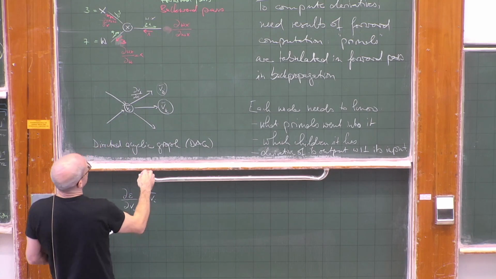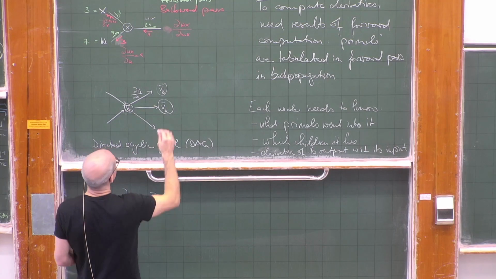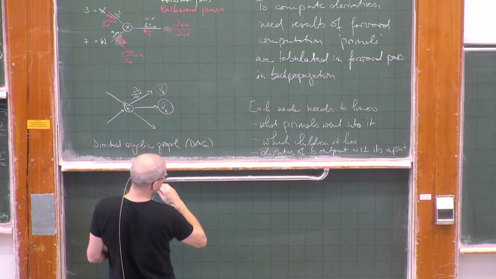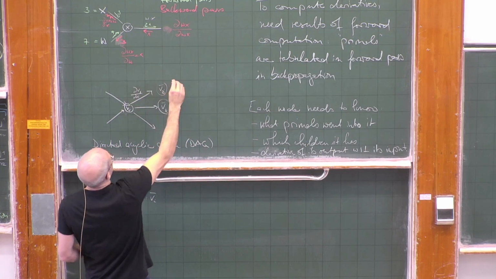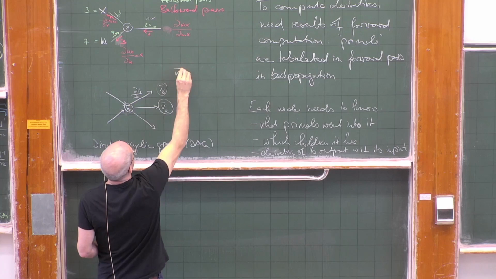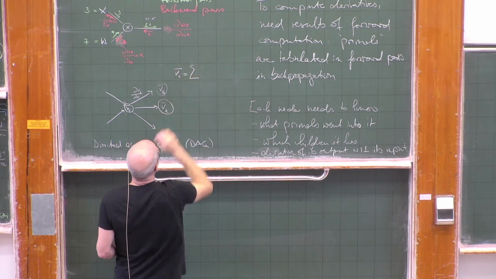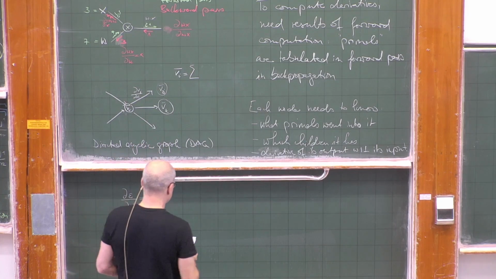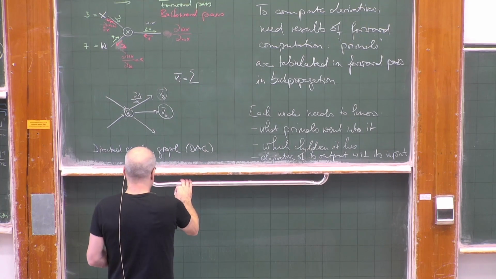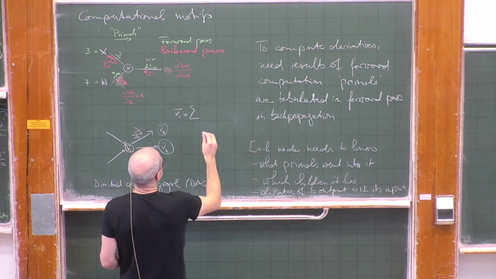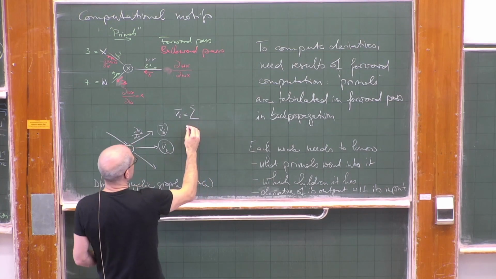And then I can compute v_i bar as a sum over its children.